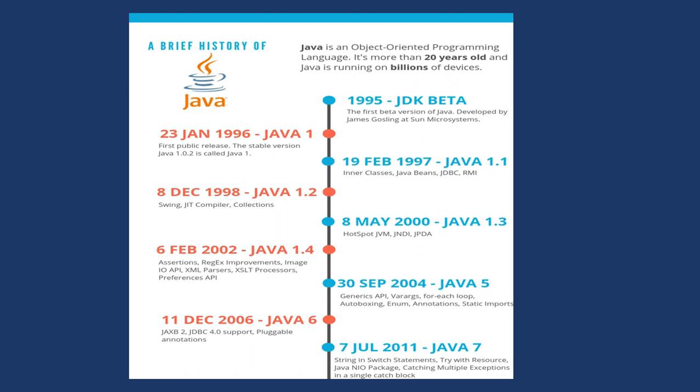An important thing I wish to note: on 11 December 2006, Java 6 was released by Sun Microsystems. Then Java was acquired by a technology giant called Oracle, in 2009, April 20th.